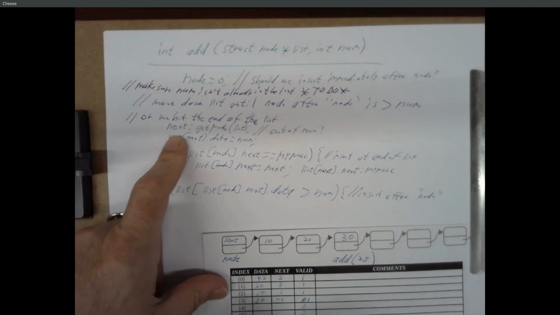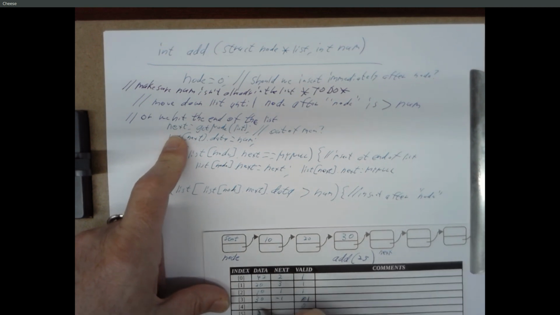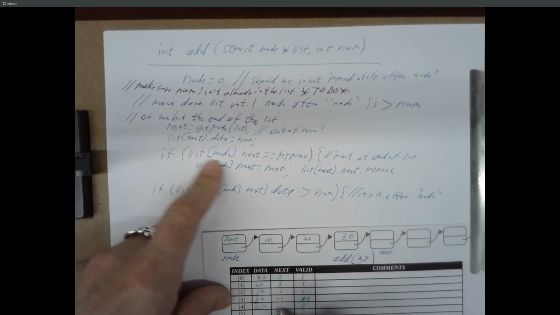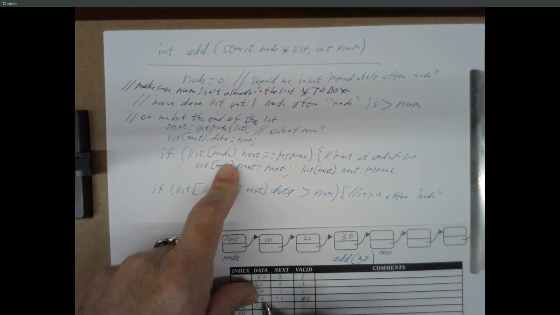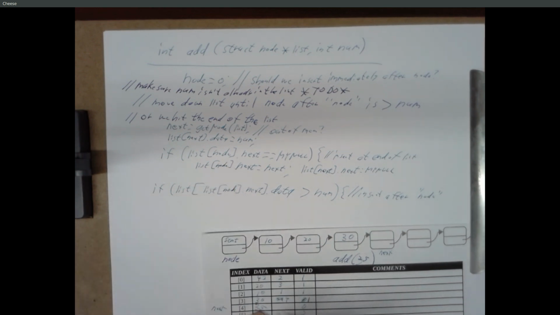So we got next, that's like a 4, and we set the data value equal to 35, and we set node's next equal to that new index, and we set next equal to my_null, and we can just return.